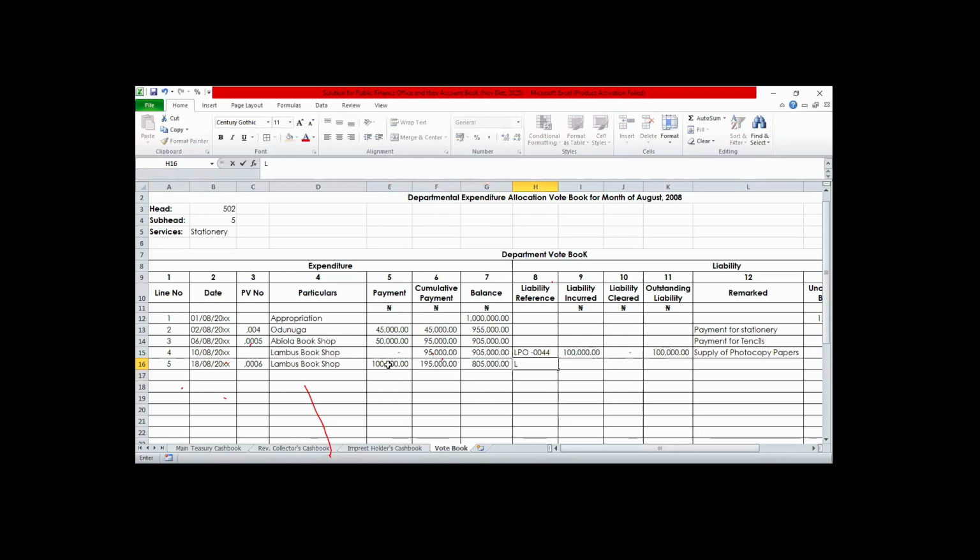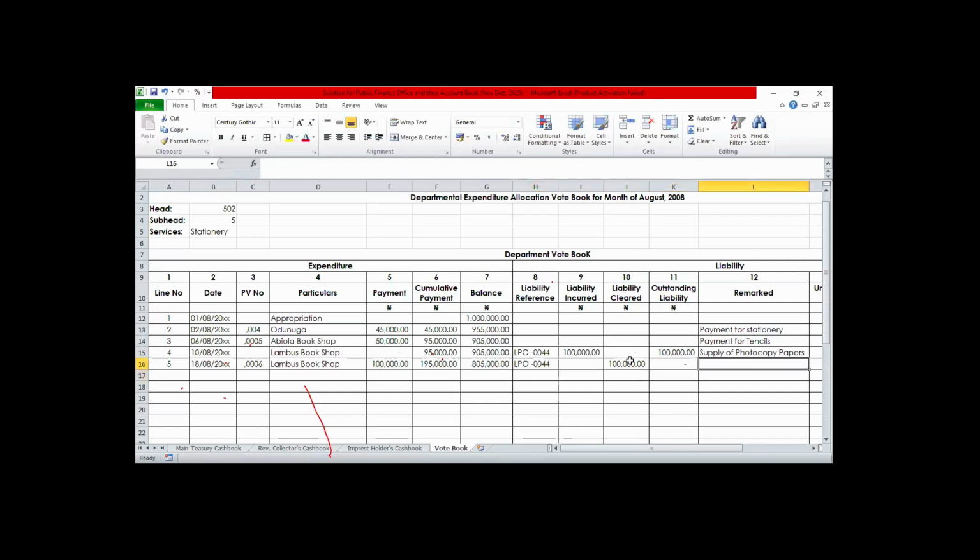What's the reference we are making payment for? LPO this. What is the payment we are making? We have made payment of 100,000 out of this. Now, 100,000 minus the liability we have cleared, we have 0. Is it cleared? We are not owing anything now.